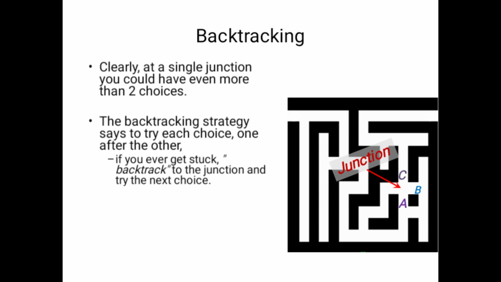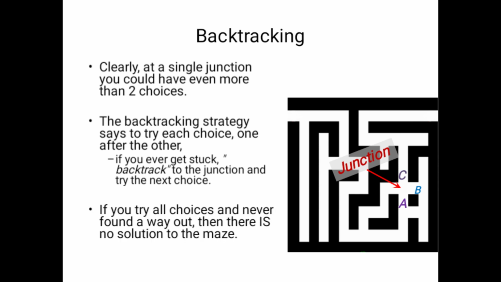If you ever get stuck, backtrack to the junction and try the next choice. If you get stuck in any of the options, you have to backtrack and go to the original position and continue with the next portion. If you try all choices and never find a way out, then there is no solution to the maze.